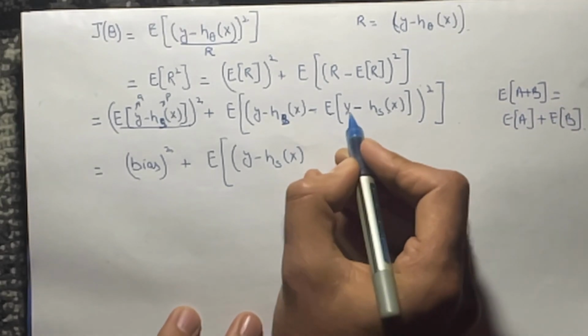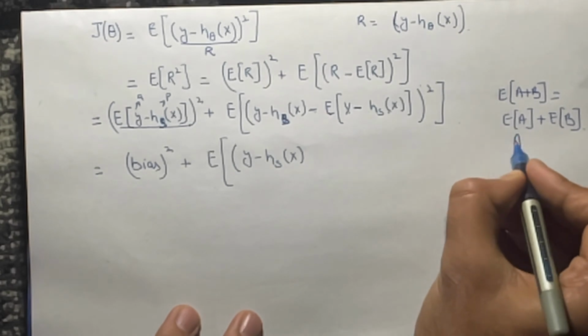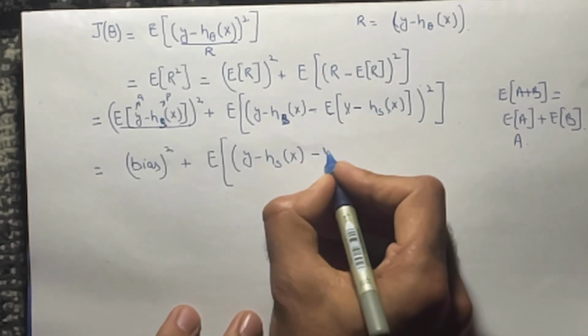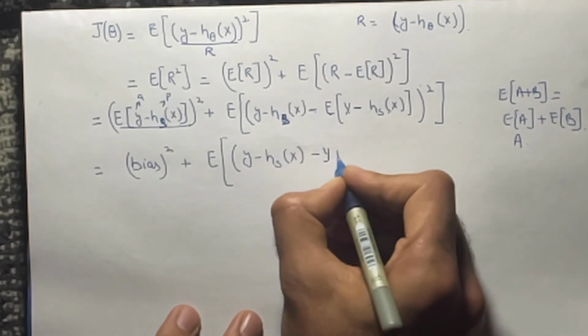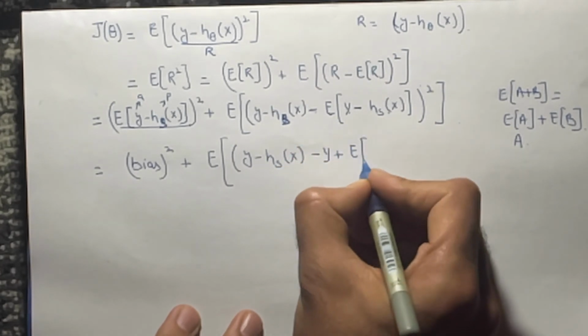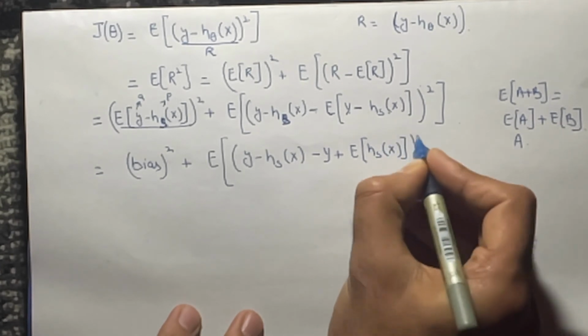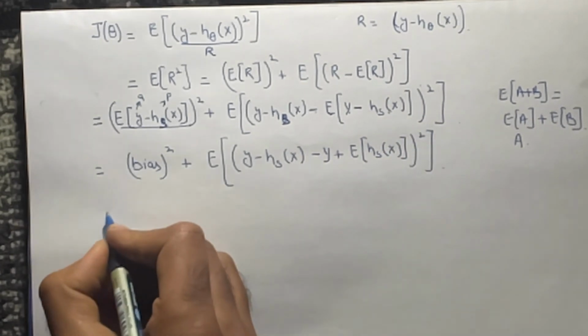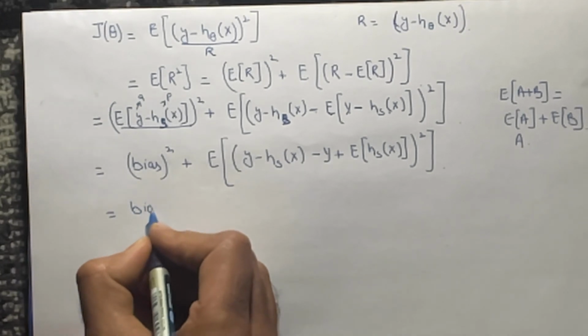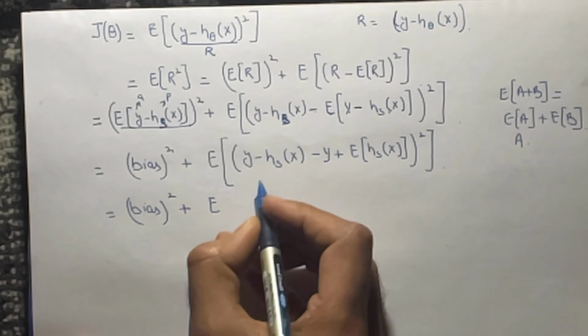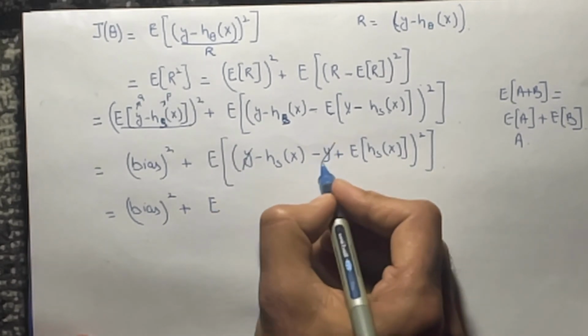And since y is a constant, and for constant expectation is a, okay, so it will be minus y, minus into minus will be plus expectation of h s of x whole square, and it will be equal to bias square plus expectation of, so this y and this y will cancel.